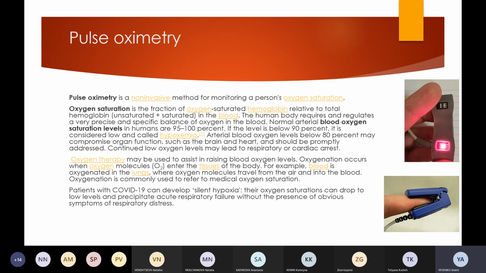So if you have a positive or suspected COVID case, you might need a pulse oximeter. And it's important to note that the Float project distributes the home monitoring kit that has this kind of device to help you manage COVID-19 symptoms.